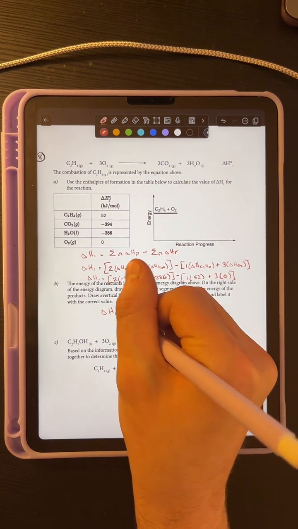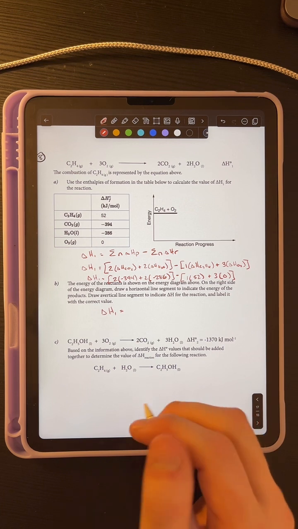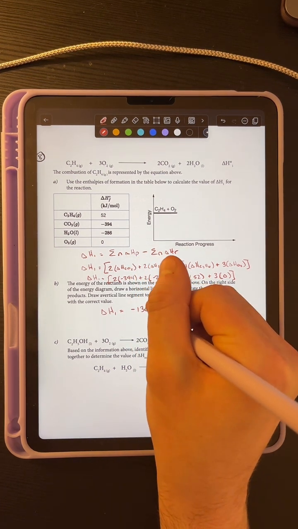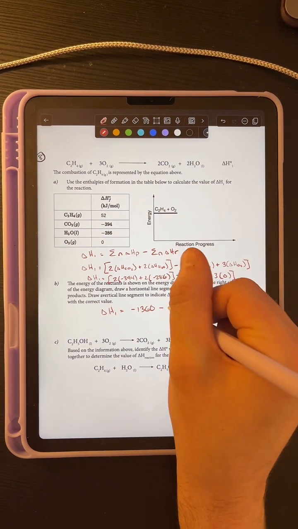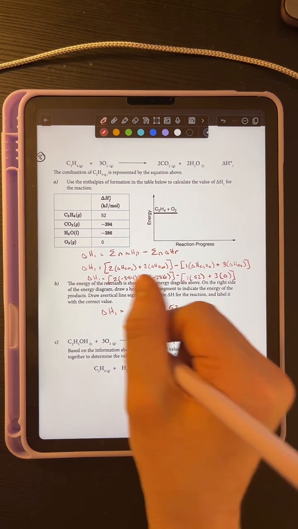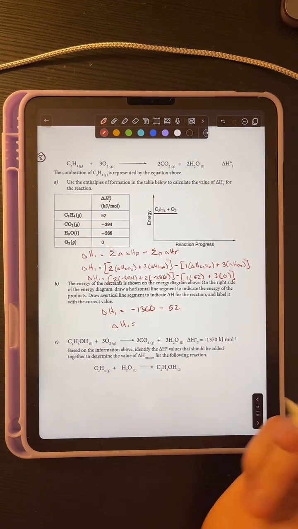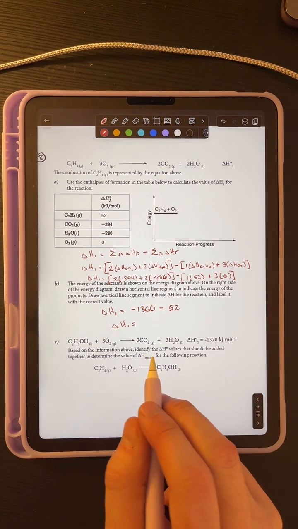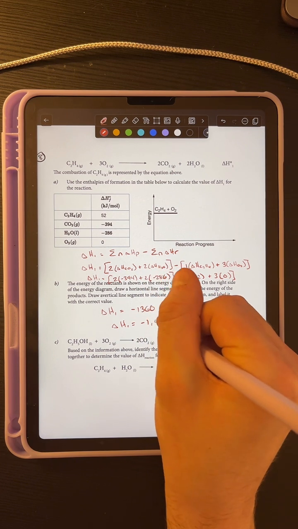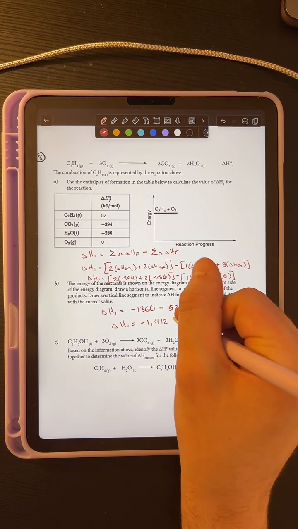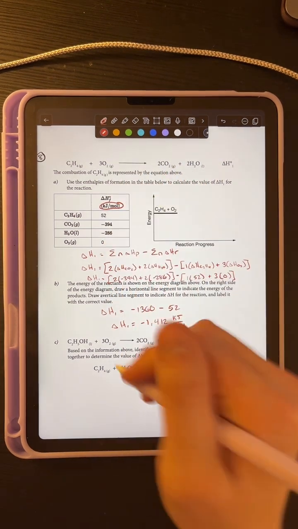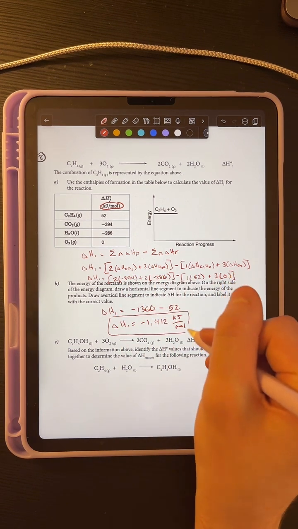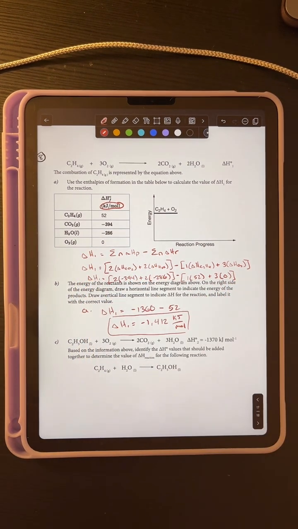So delta H1, that's going to equal, if we were to simplify that, negative 1,360 minus 52, because that was just positive, which gives us a delta H1 equaling the value of, I'm looking at my notes, negative 1,412 kilojoules per mole. And I know it's kilojoules per mole because of the units right up here. And that is our answer for part A. And I'm going to put A there.